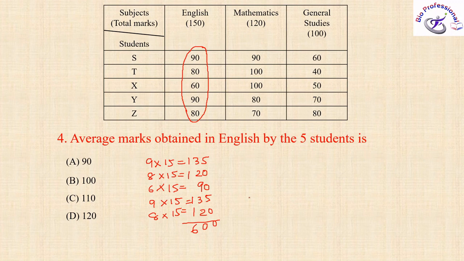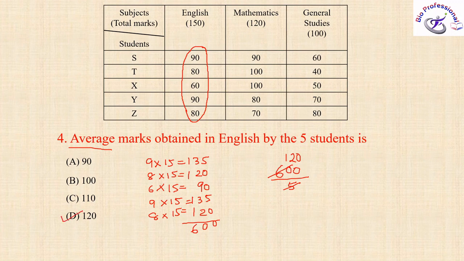So 600 is the total, but I have to calculate the average. Remember, I have to calculate the average. So 600 divided by how many students? There are 5. So 600 divided by 5, 5 12 is 60, so it becomes 120.